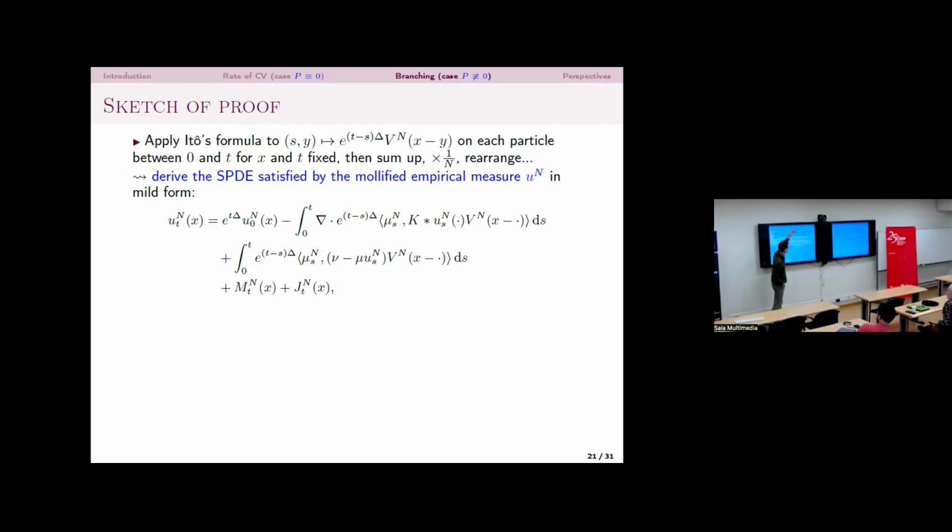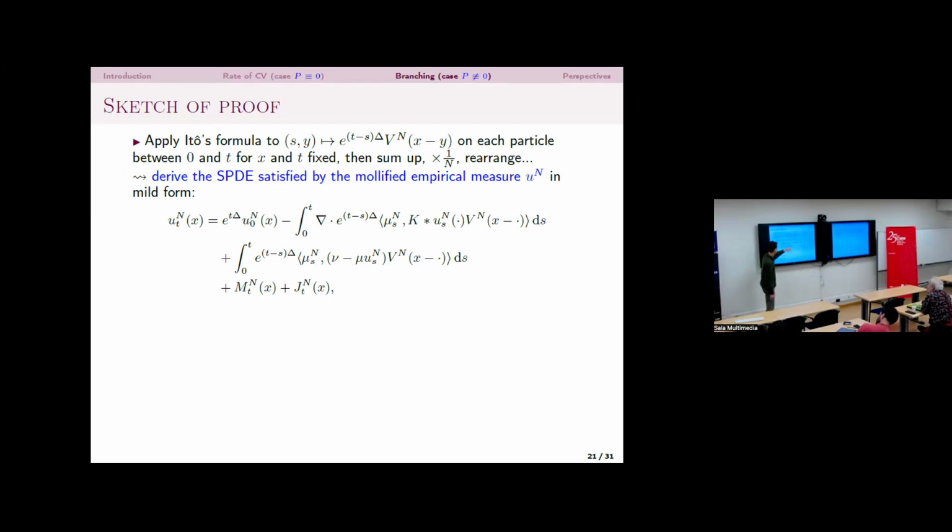Okay, so this is this function. There's no difficulty here. And then you do this for each particle. Then you sum over all the particles, you divide by n, and you have U_t^N at point x. So x is fixed here. That's y in which you plug your particle. So you do this and you shake this a little bit and you get this equation.